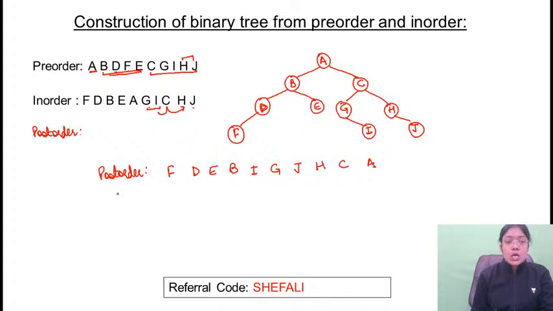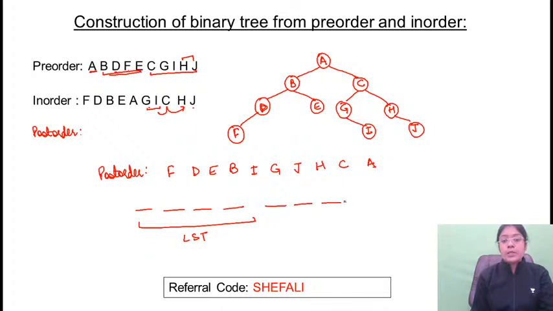Other approaches for finding the post order, in the left subtree, 4 nodes are available. This position will be taken by the left subtree elements. Then in the right subtree, 5 elements are there. Right subtree and then the root.